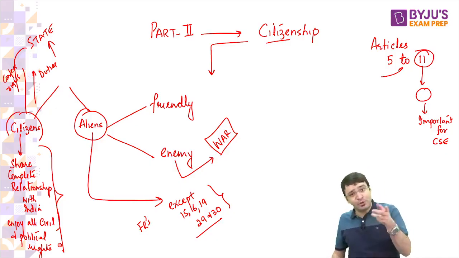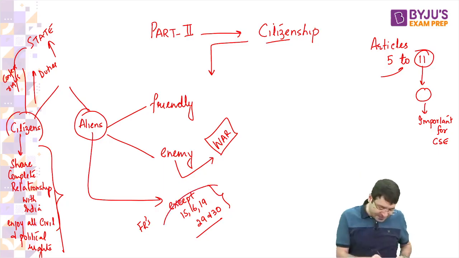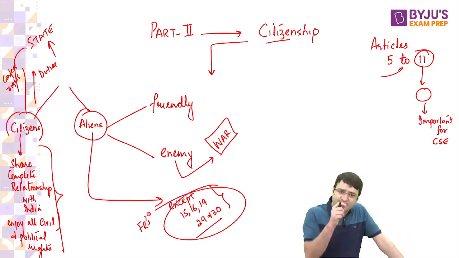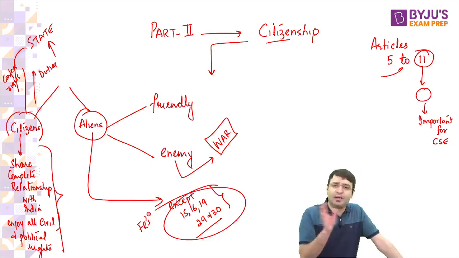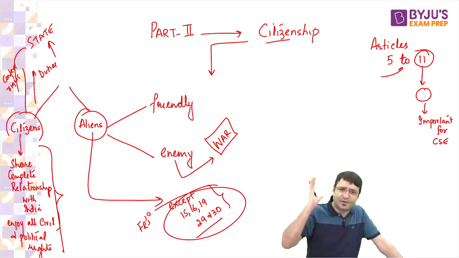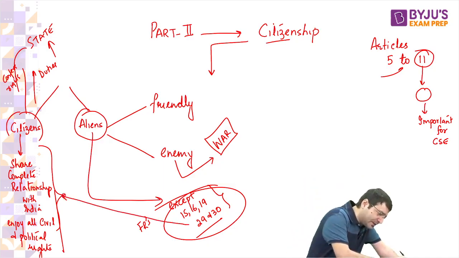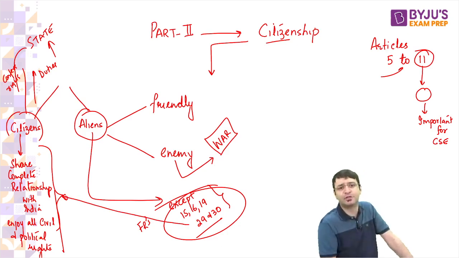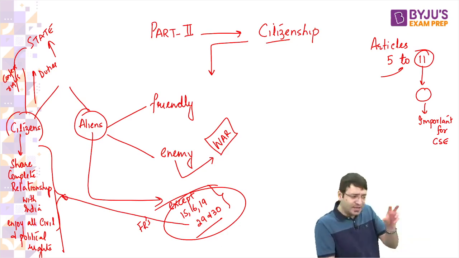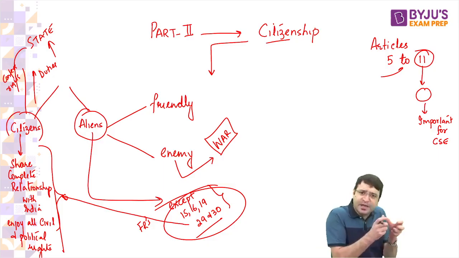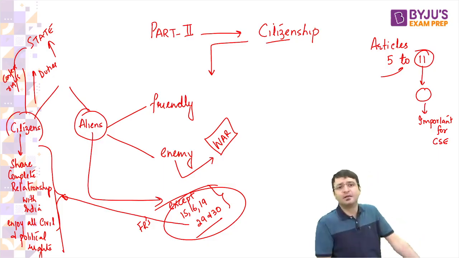Fundamental rights are available to aliens as well, but except these five. Apart from that, all fundamental rights are available to aliens. But these five fundamental rights are exclusively available to the citizens of India. So these citizens share a complete relationship with the state.